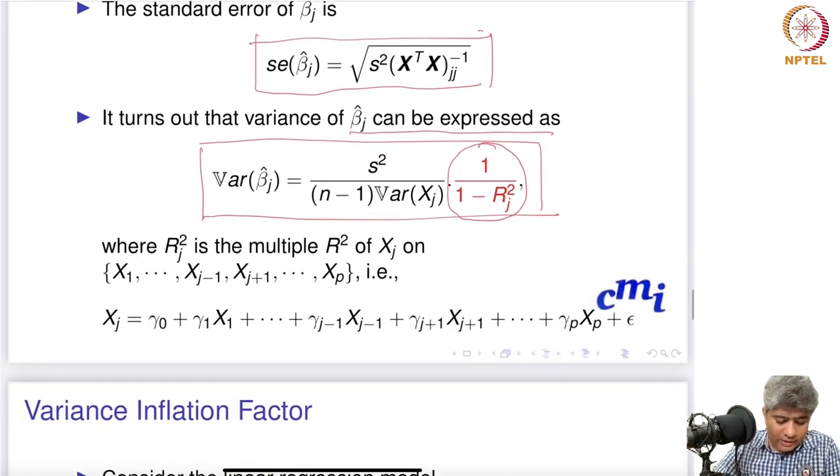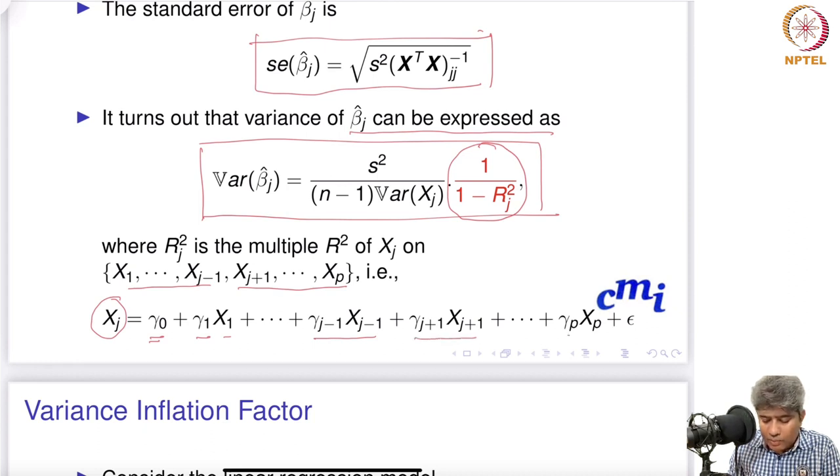Now what is Rj squared? Rj squared is the multiple R squared of xj on x1 to xj minus 1 and xj plus 1 to xp. So basically you set up a regression model where the dependent variable is xj, equal to gamma naught plus gamma 1 x1 plus dot dot dot gamma j minus 1 xj minus 1 plus gamma j plus 1 xj plus 1 through gamma p xp plus epsilon.